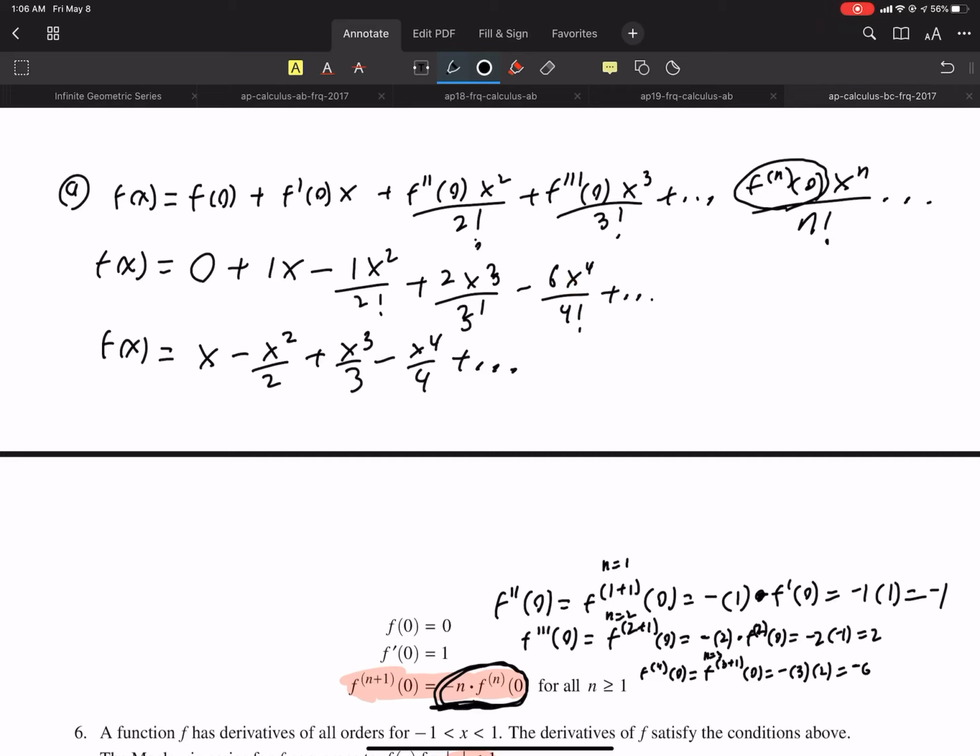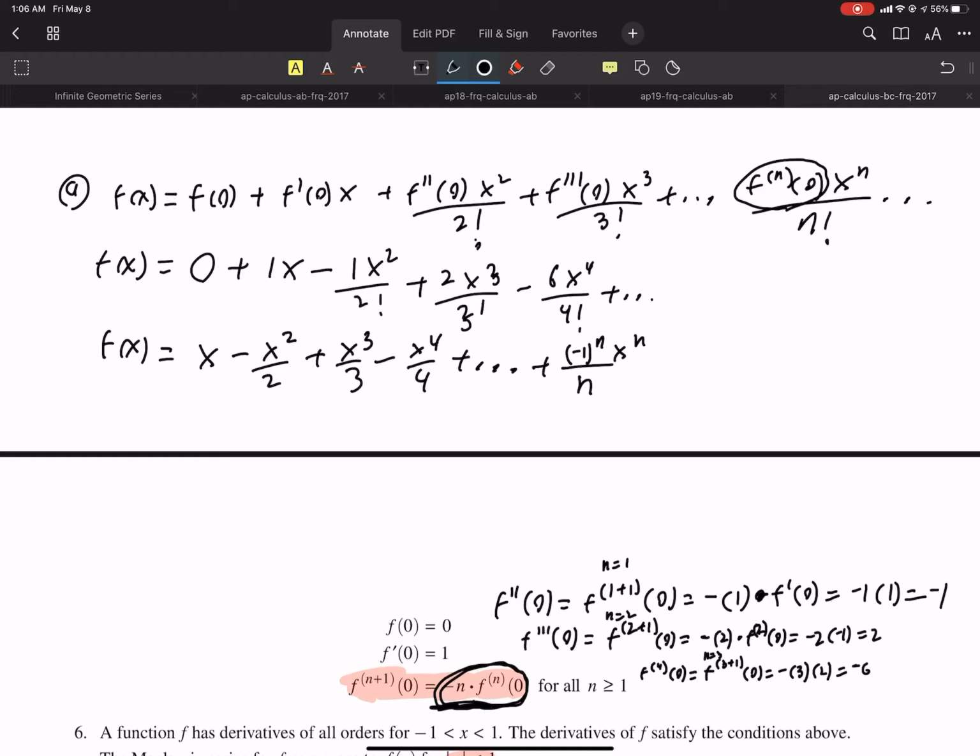A pattern emerges. Do you see it? So the bottom is just going to be n, and it's x to the n. But we have an alternating series. So to get it to alternate, let me do this. Negative 1 to the n. And we're going to see if that works. It might not.